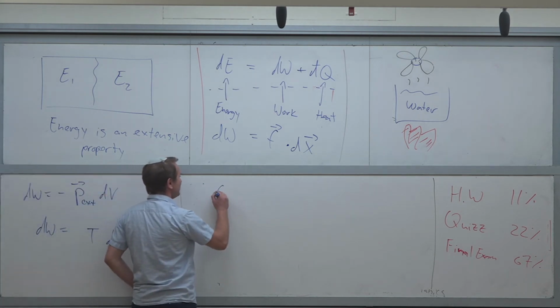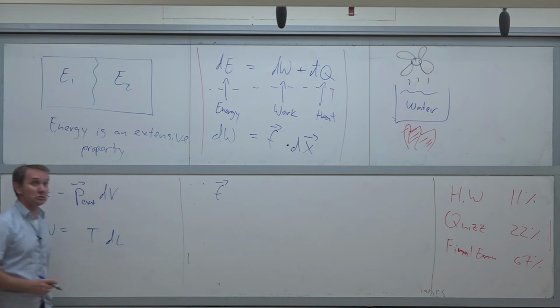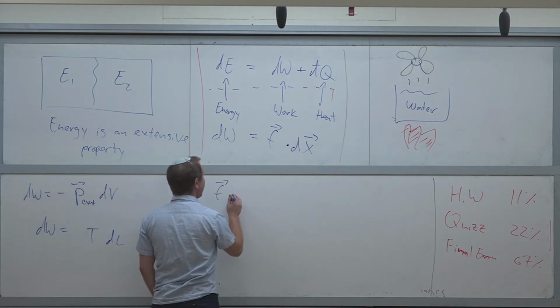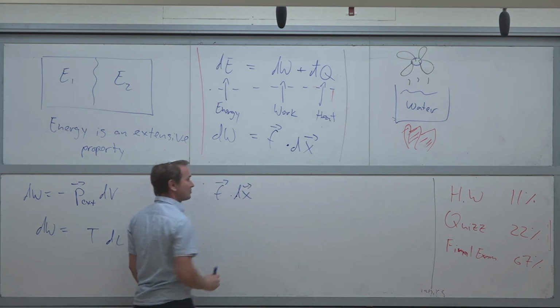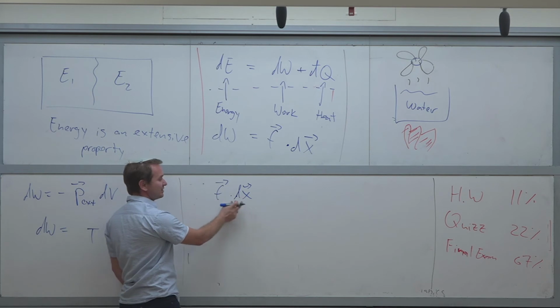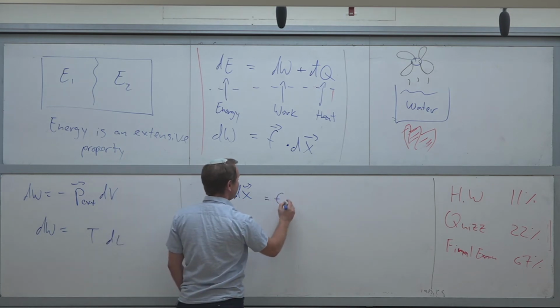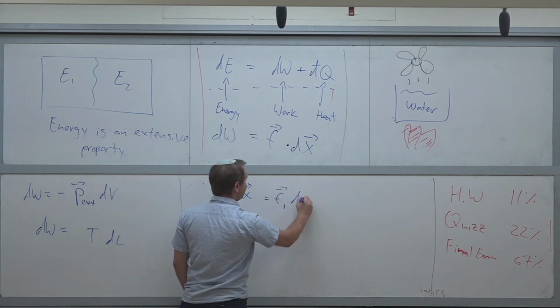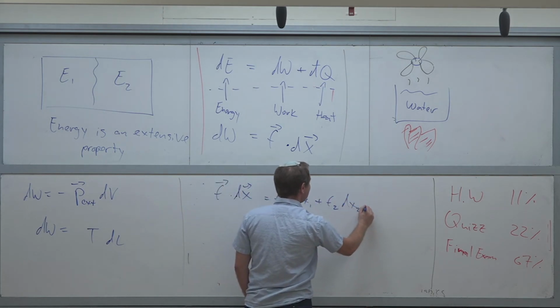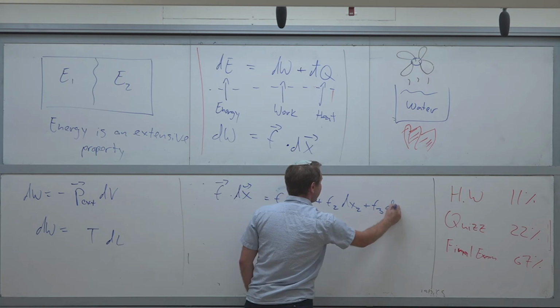Now in general, when I'm looking at F, I'm saying this is a vector. So what is F dot dx? This is a simple scalar multiplication of a vector by a vector. So it's simply F1 dx1 plus F2 dx2 plus F3 dx3.